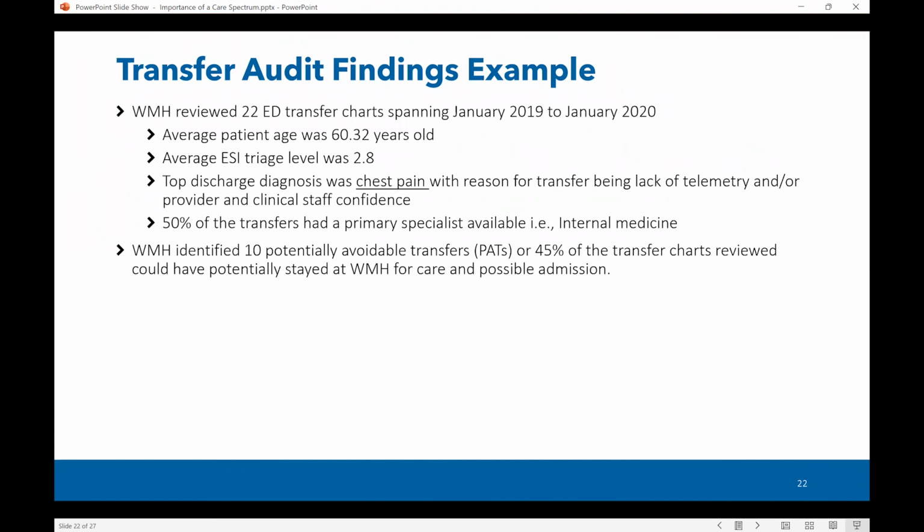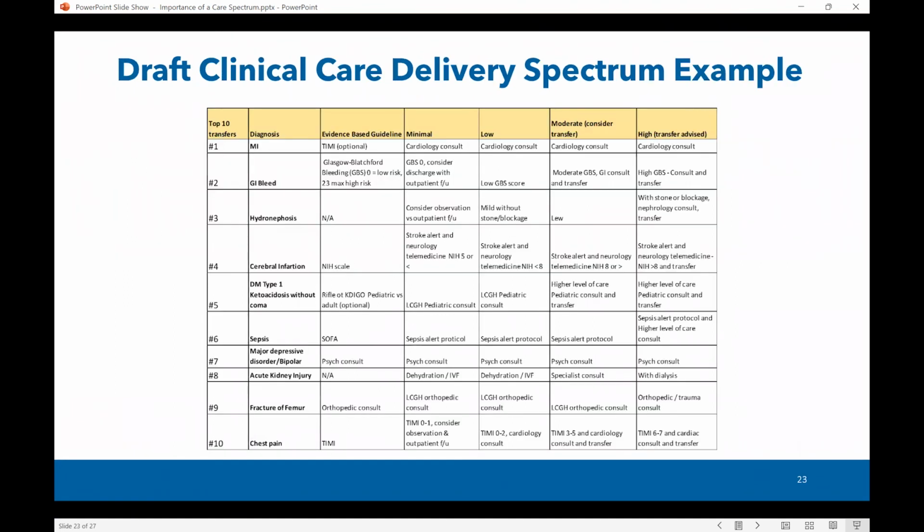The reason for being transferred was lack of telemetry or provider or clinical staff competence. 50% of the transfers had a primary specialist available. They identified 10 potentially avoidable transfers, which was 45% of their charts reviewed that could have potentially stayed there and been a possible admission.